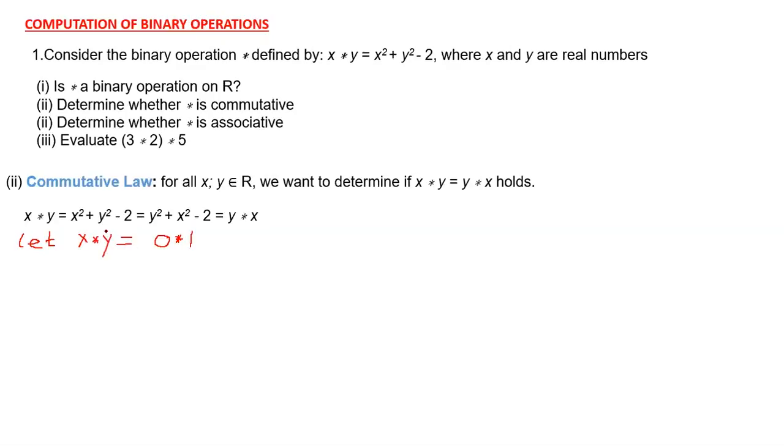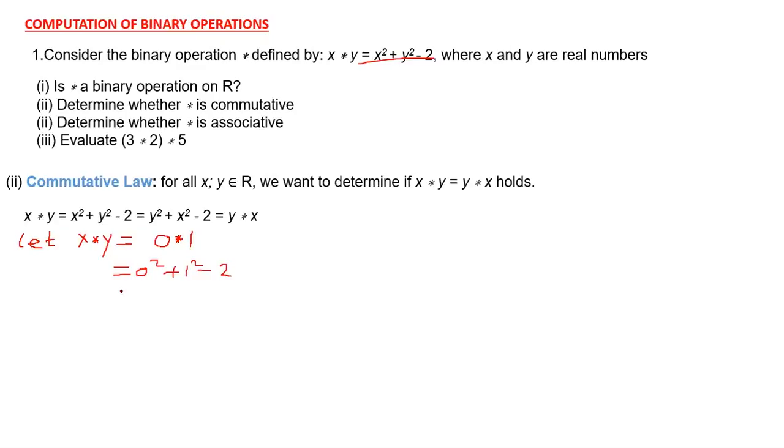While there is x in this given expression, I'm going to replace it with 0. While there is y, I'm going to put 1. So when I put 0 where there is x, I'm going to have something like this: 0 squared plus 1 squared minus 2.